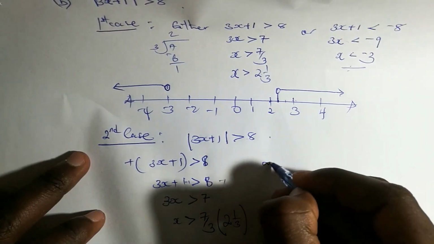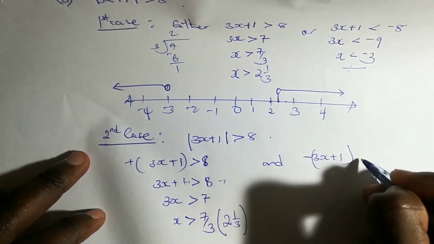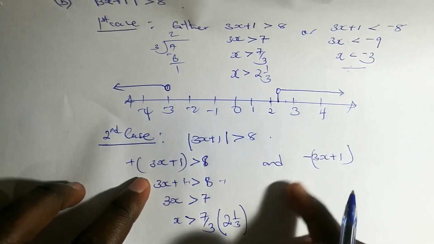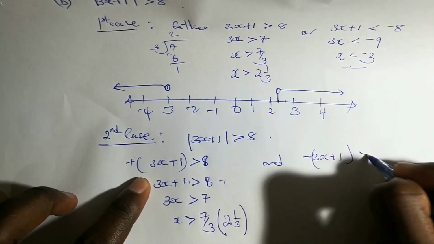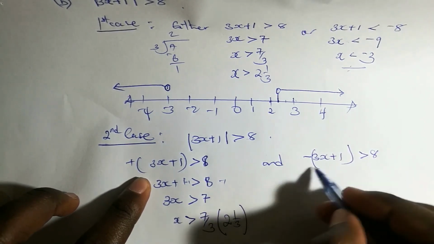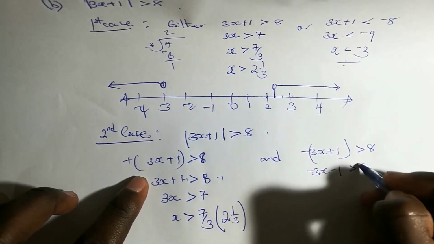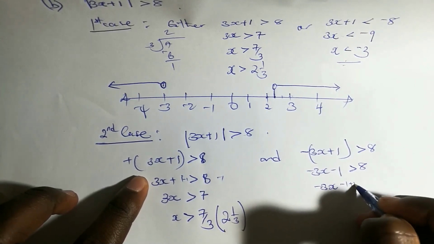Then we also consider the negative one, the whole of that. If you don't put the whole of that, you come with the wrong answer, because you would end up with a negative only on 3, which will affect your result, greater than 8. Now for this case, we're going to have negative 3x minus 1 greater than 8, so that we have negative 3x minus 1 plus 1 to remove it from there.